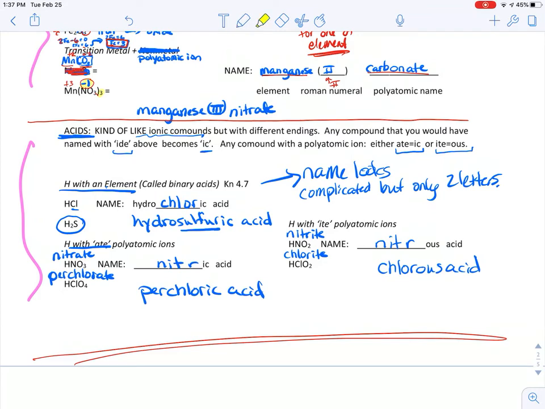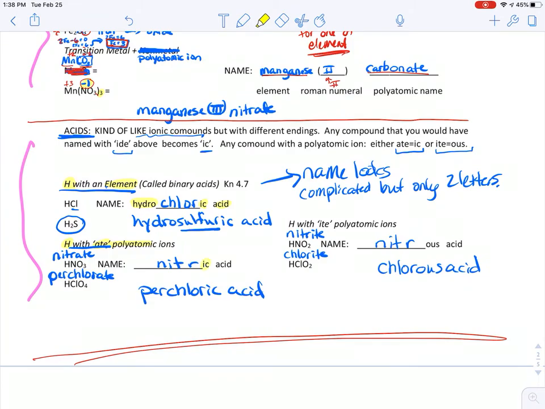The next category is acids, and there's 3 ways to name acids. So if you have H with an element, you're going to name it using hydro, ic, and acid. If you have H with an -ate polyatomic ion, if you look at your polyatomic list, most of them are -ates. They end in -ate, like nitrate, phosphate, perchlorate, chlorate, acetate.